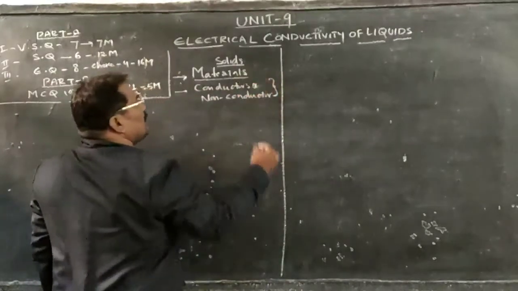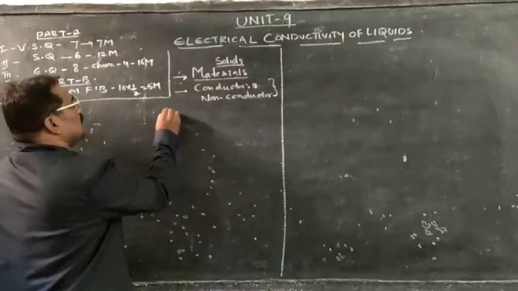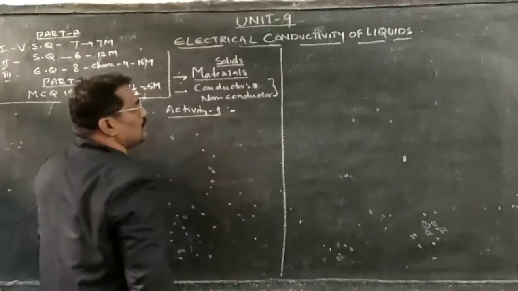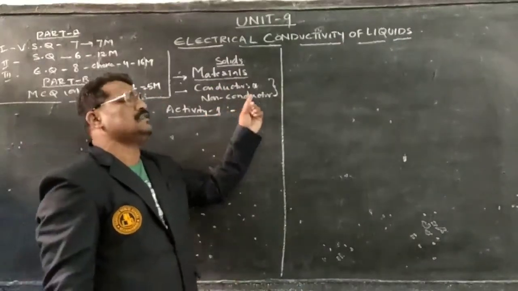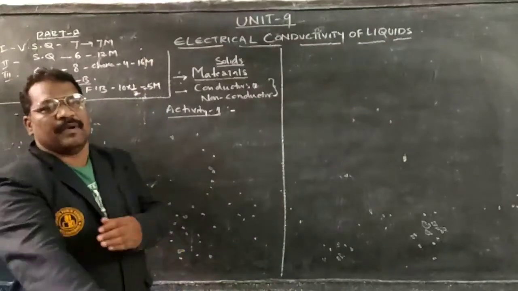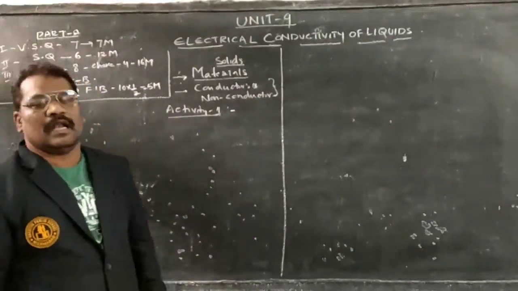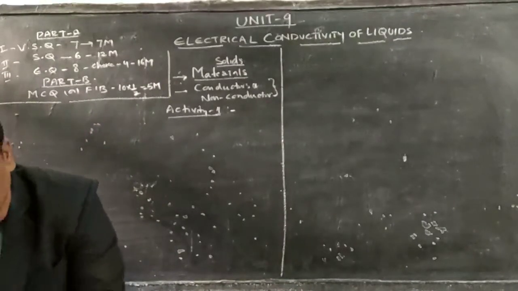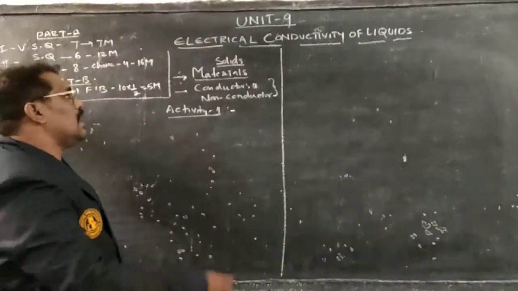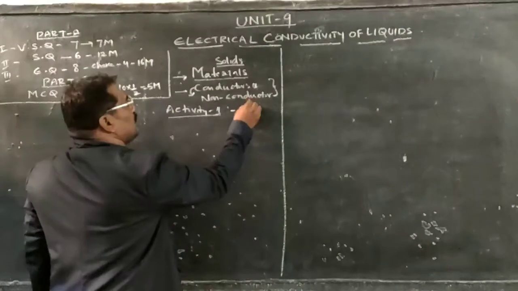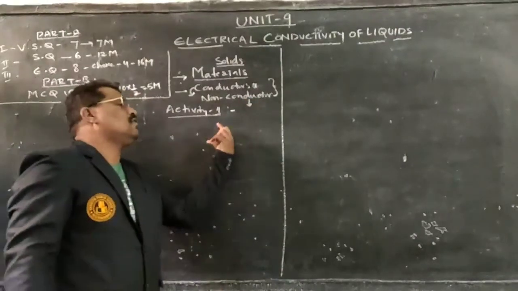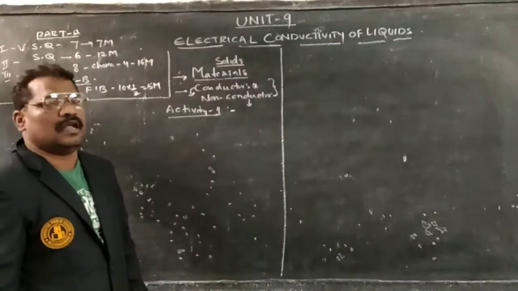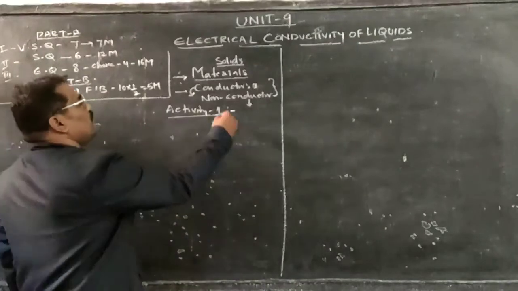Based upon these conductors and non-conductors, in the textbook he has given activity 1: list out all the materials which conduct electricity as well as which don't conduct electricity. Based upon that, we are doing an activity. We take conducting material as well as non-conducting material, and connect them by means of conducting wires with an LED bulb as a tester, and identify whether the bulb glows or not.